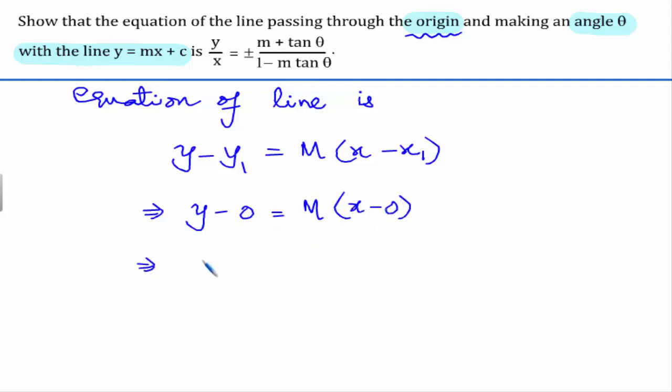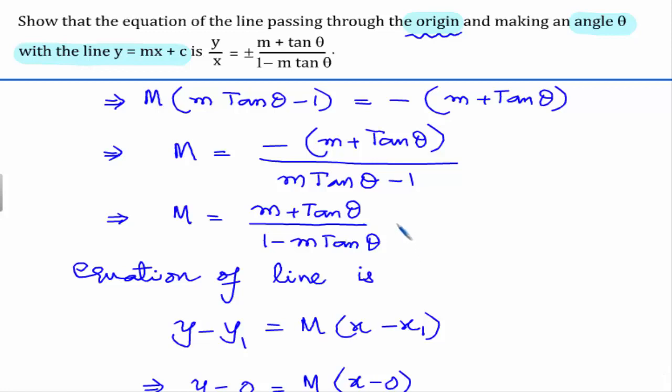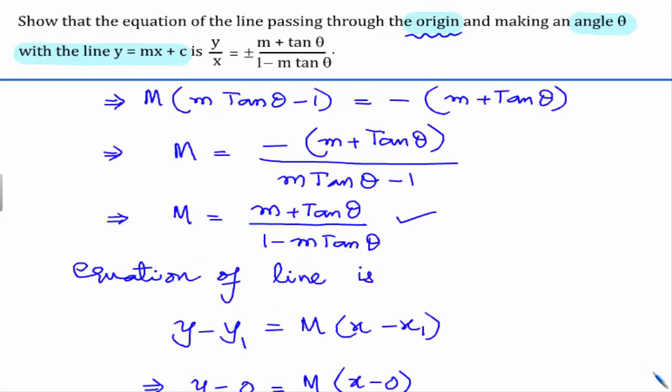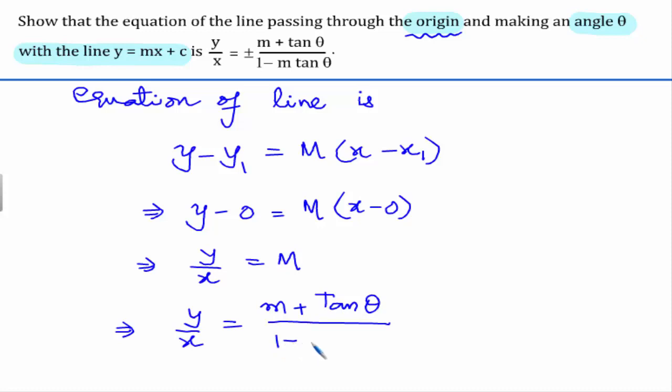So this is y by x is equal to M. That implies y by x is equal to, here we got the value of M, that is small m plus tan theta by 1 minus m tan theta. This is the first equation.